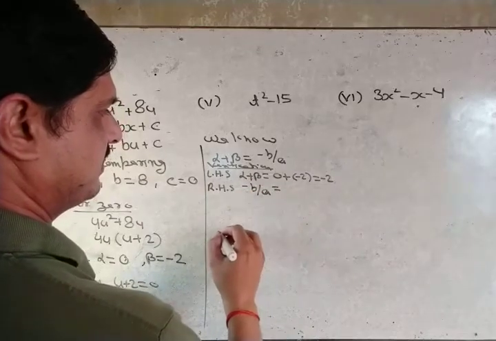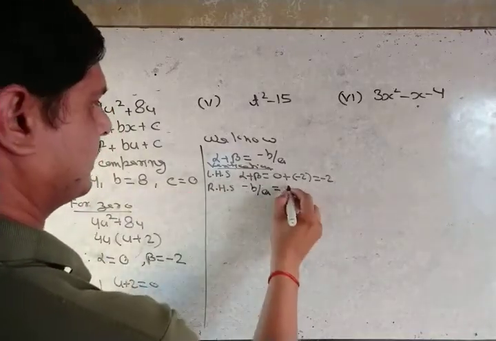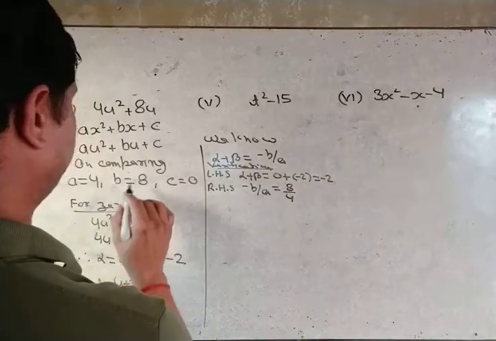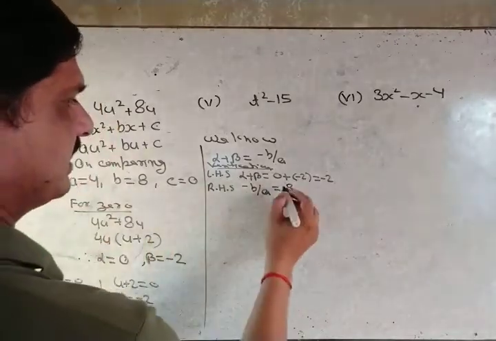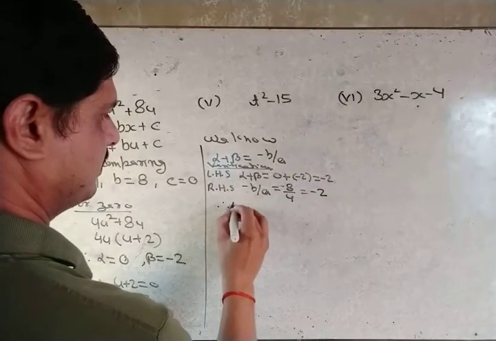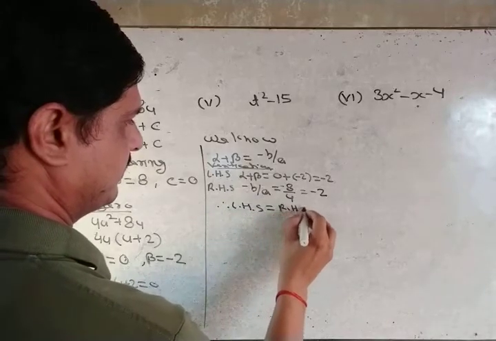Minus b by a means 8 by 4, and we have to also apply this minus. Then the answer is minus 2. Since LHS equal to RHS.